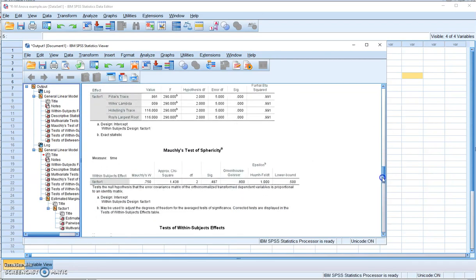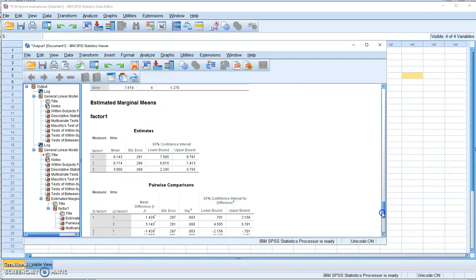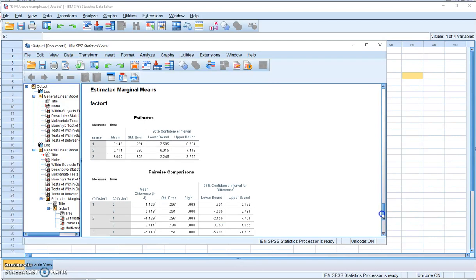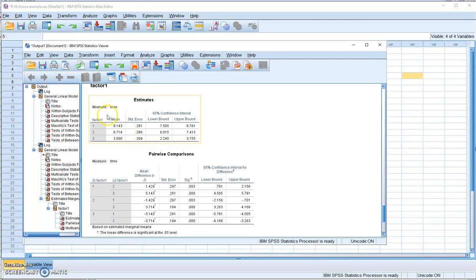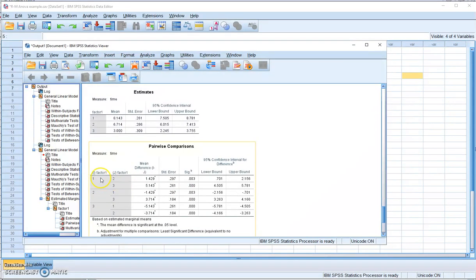In addition to the old output we already have, here is a part that gives you the post-hoc test. The estimated marginal means have the means of the 3 trials, and this is the test of how strongly they differ from each other.